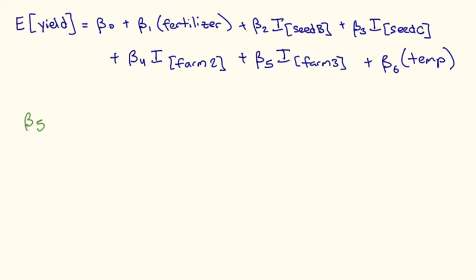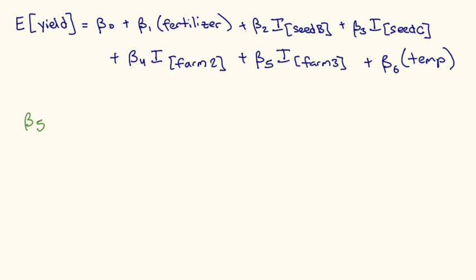All right, back to this guy. Again, this one would not be easy to show a picture of. You could do it by slicing the data up somehow and then using color or size of the points to show that third dimension, but it's not going to be easy. So let's see what beta 5 would mean. That is the indicator for farm 3. Again, that's the additive effect for farm 3.